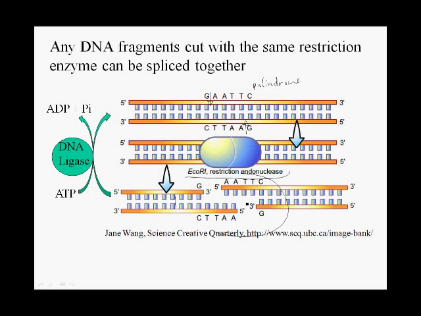As a result of an EcoR1 cleavage of DNA, we get DNA fragments whose ends have this AATT four-nucleotide single-stranded overhang. This AATT on this DNA fragment is complementary to the AATT on the other DNA fragment, so it's possible for them to form base pairs and stick together. Hence these four-nucleotide overhangs are called sticky ends.